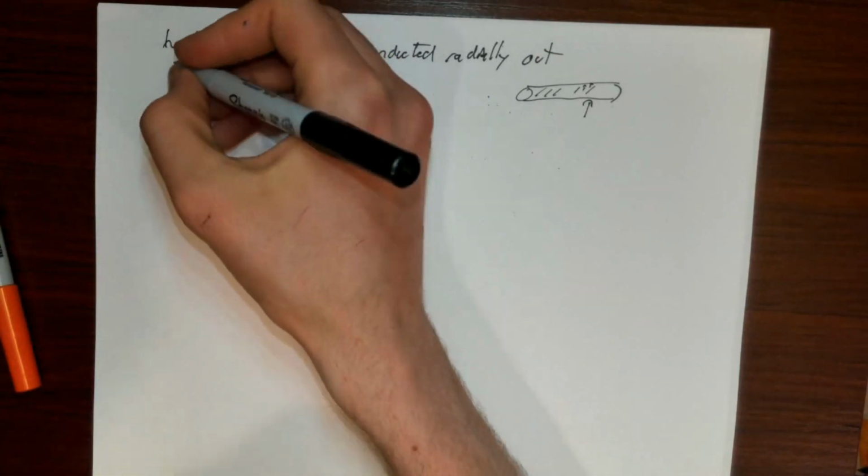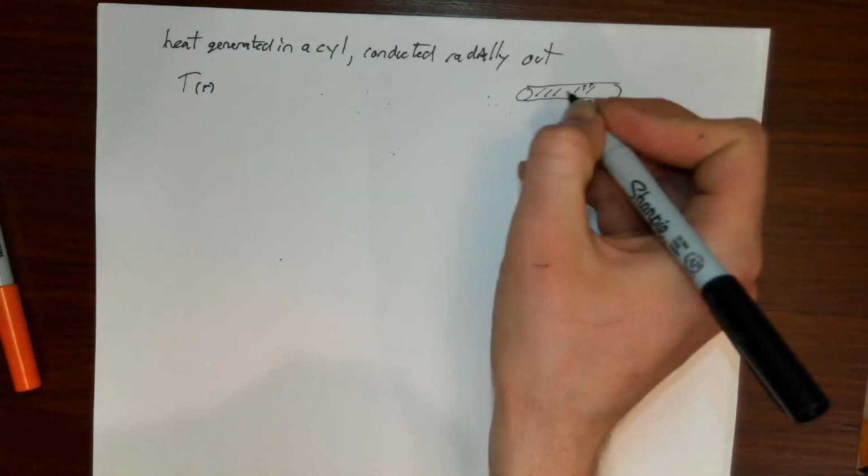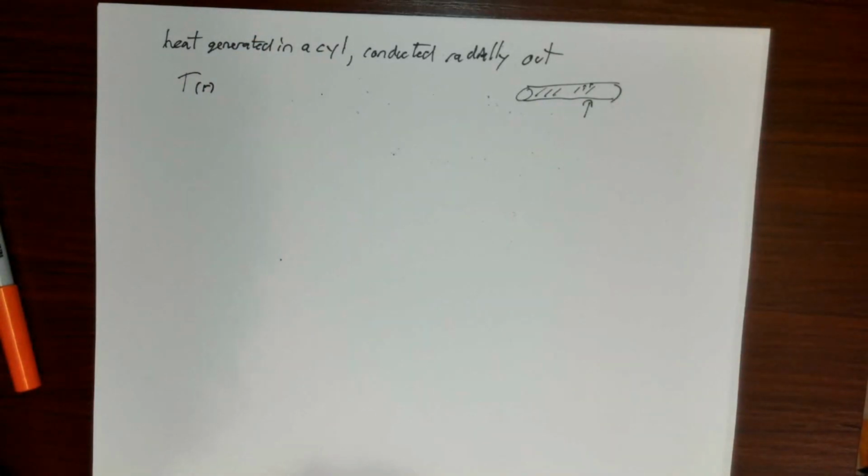So we might care about temperature as a function of r in this sort of cylindrical geometry. What's that going to look like? How might we formulate a shell in a cylindrical coordinate system?